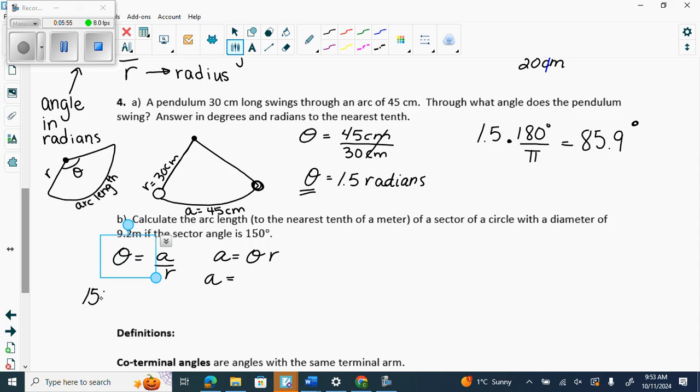So 150 degrees. I need the degree symbol to cancel. So I put the 180 degrees on the bottom, and then the degree symbols cancel, and the pi ends up on top. And I get 5 pi over 6. So I get 5 pi over 6 times the radius, which is half of the diameter, 4.6. And I get 12.0 centimeters.